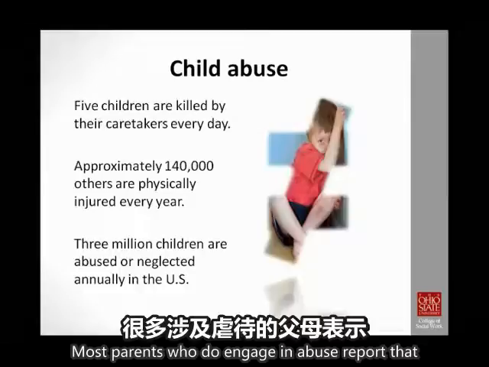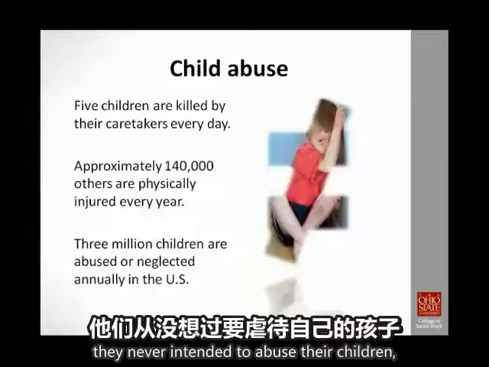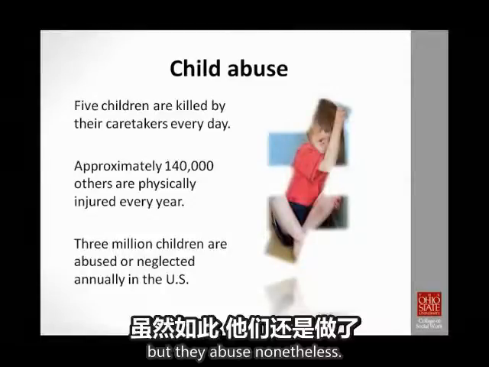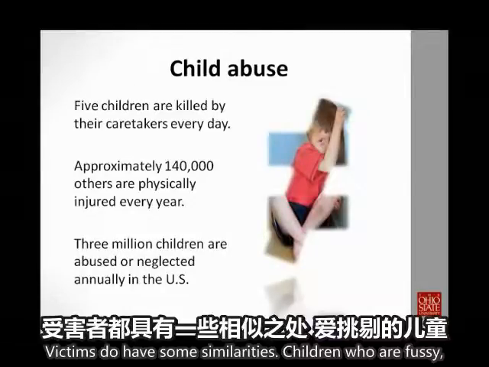Most parents who do engage in abuse report that that is not their intent. They never intended to abuse their children, but they abuse nonetheless. Victims do have some similarities.